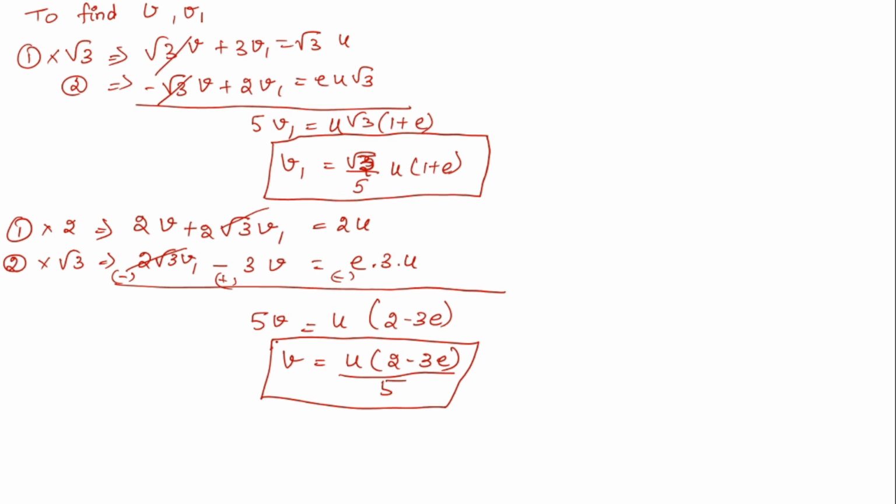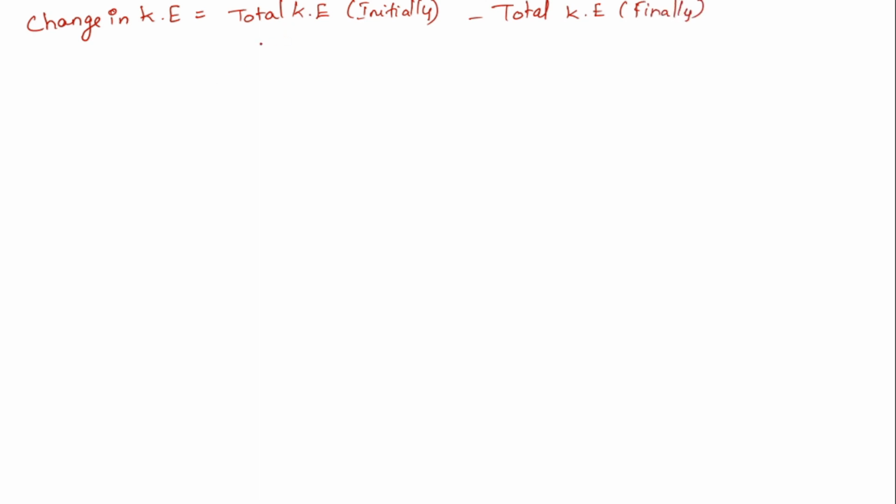So the change in kinetic energy is equal to the total kinetic energy initially minus the total kinetic energy finally. In the initial kinetic energy, we know that two balls are at rest, so we don't have any kinetic energy for balls B and C.